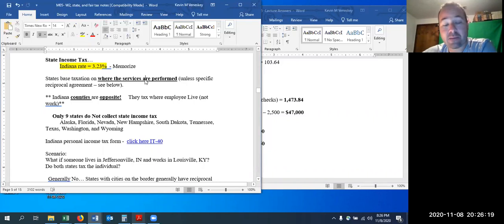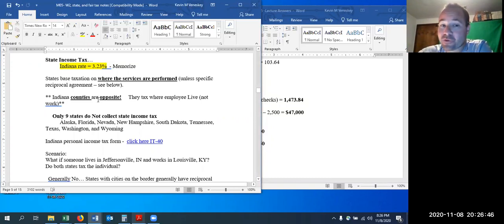If you played an NBA basketball game in the state of California, part of your salary, part of your 81 games that you play, is earned in California, because that's where you worked as an NBA player. That's where it can get really kind of hairy, kind of tough to do. So you pay taxes on where you work for state purposes.